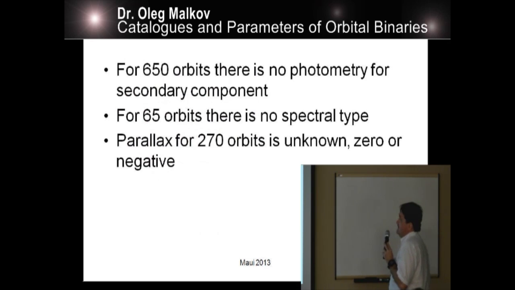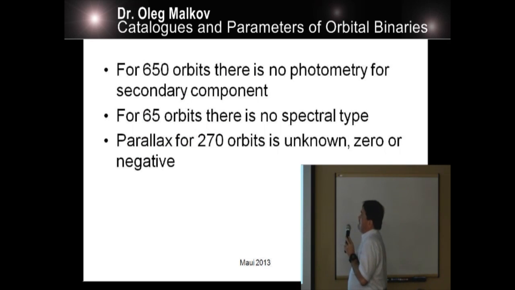For 6,500 orbits, there is no modern photometry, or even no photometry at all, for secondary components. For 65 orbits, we have no data on the spectral type of components, and for some orbits, the parallax is unknown, zero or negative.